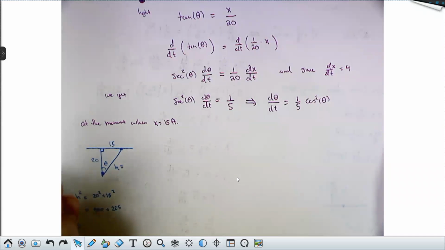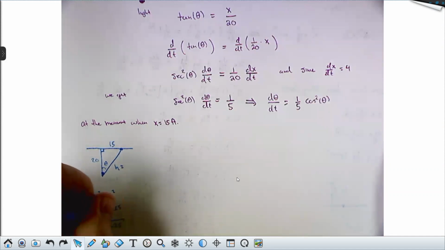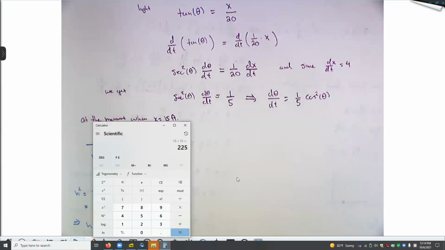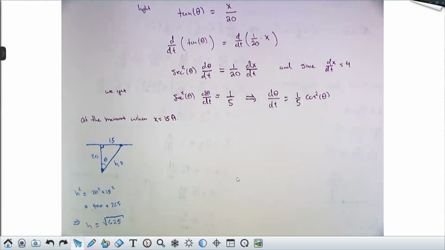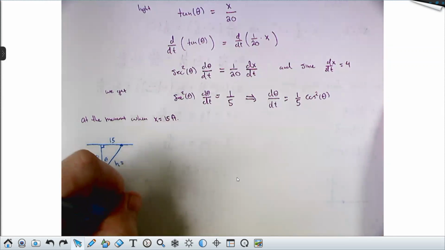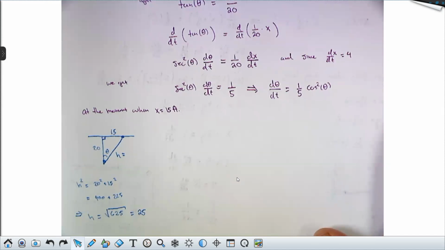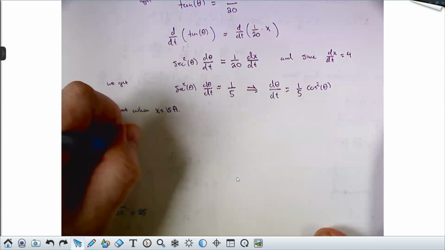So h is the square root, oh, this is nice, of 625, which I think is a perfect square, right? Isn't that 25 squared? Yeah, I think so. It is. All right, 5 cubed. So h here would be 25.